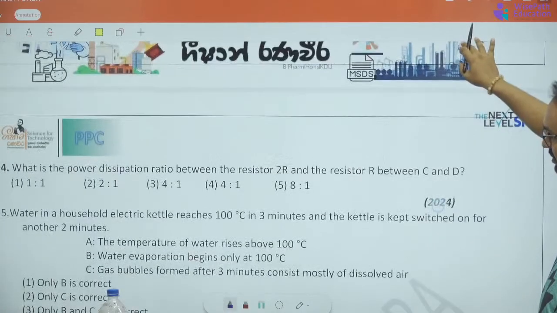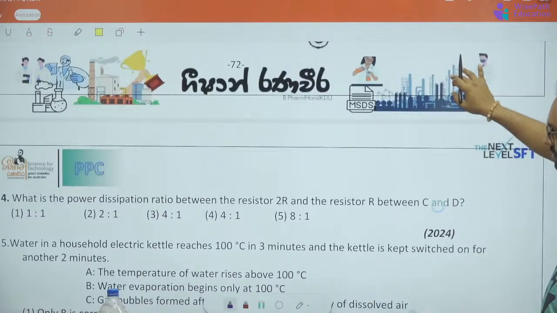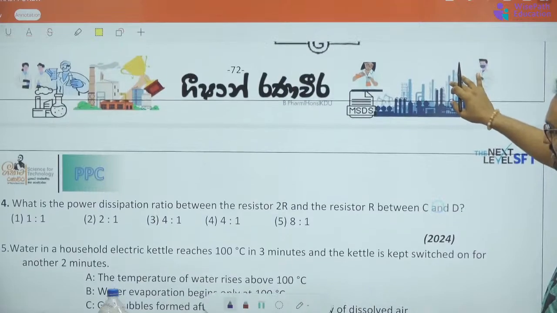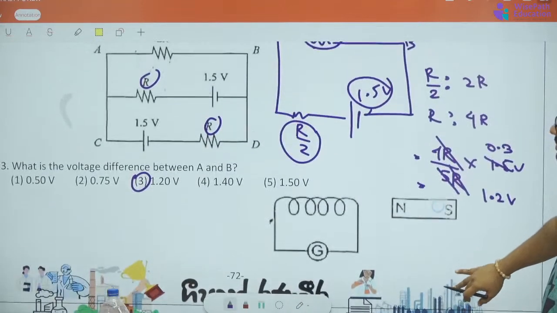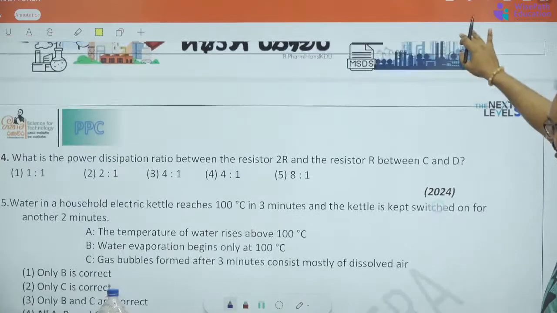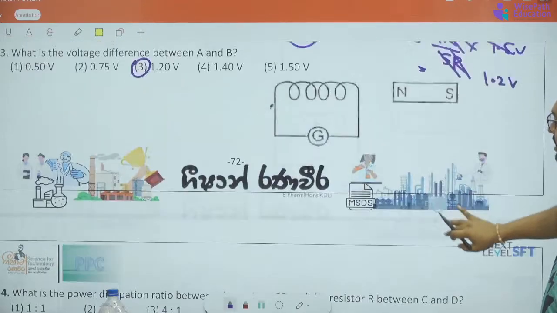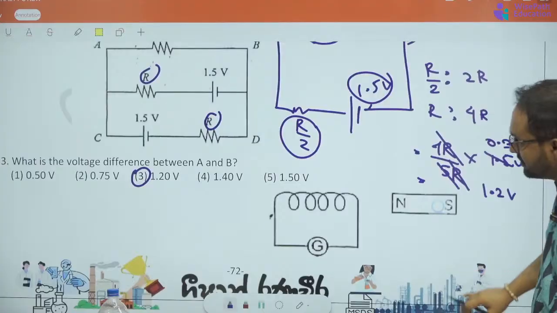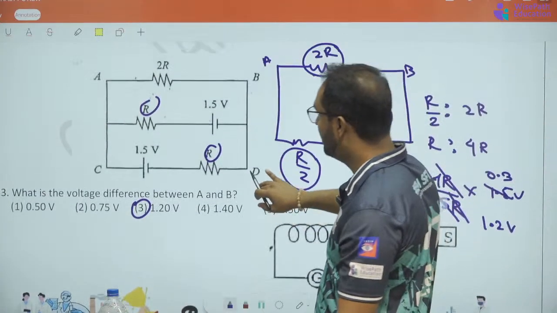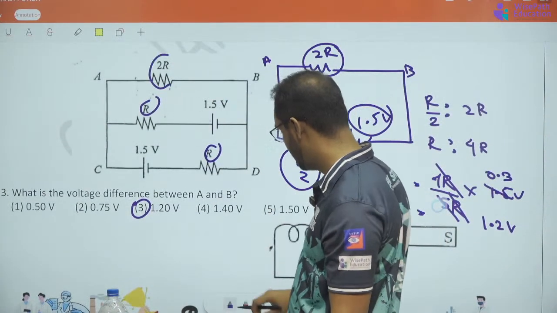I think the diagram should come in the last question. So what is the power dissipation between the resistor 2R, okay, and the resistor between C and D? So I have to compare this and the other one.